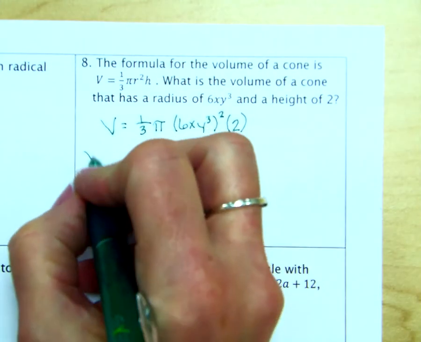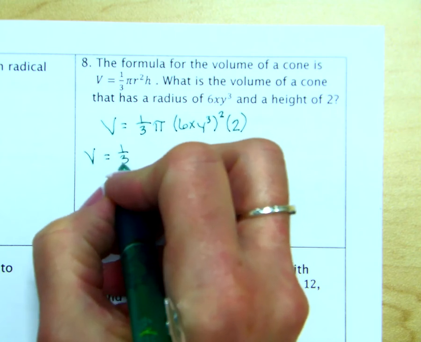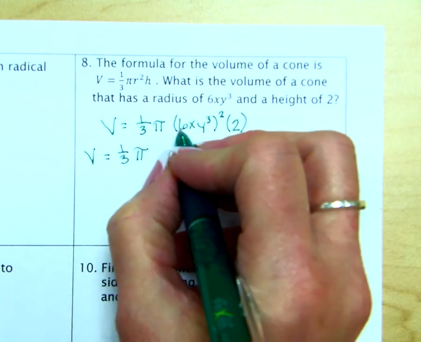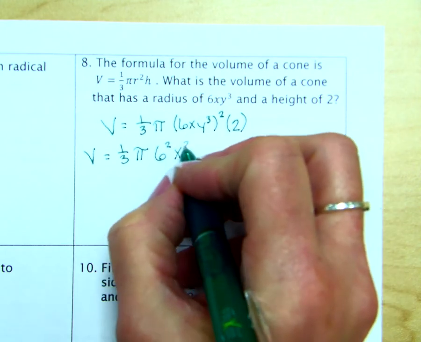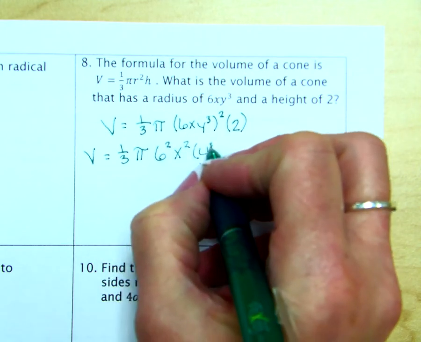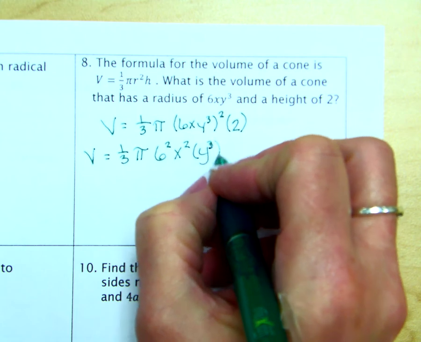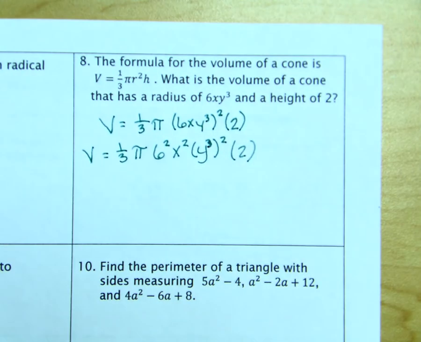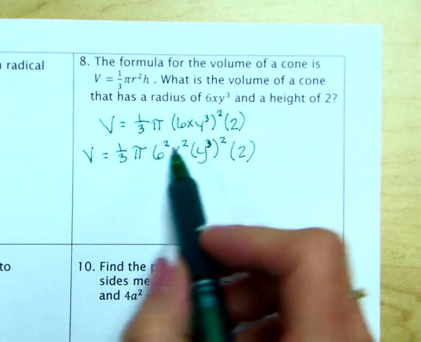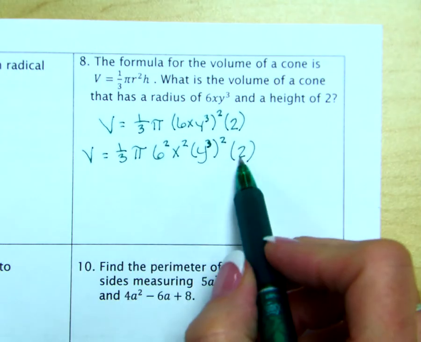Now we simplify. So we have v equals 1/3 pi. So we're going to take 6 and raise it to the second power, x and raise it to the second power, y to the third, raise that to the second power, and then we have this 2 out here. So I can take 1/3 times 6 squared times 2.